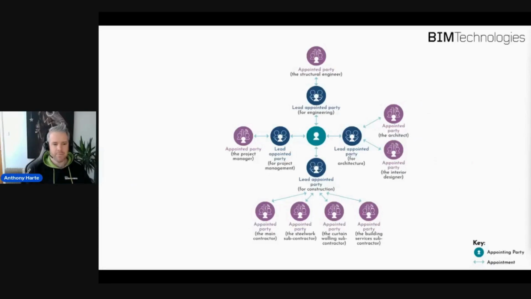So you might have one for architecture, a lead appointed party who's responsible for coordinating the main architectural design, and then also the interior design, for example. Same could be said for the subcontractors and the main contractors we've just said there in terms of curtain walling, in sort of services. So you may get a main contractor and they subcontract out those works, and those would be called appointed parties, all feeding into the lead appointed contractor on that project.